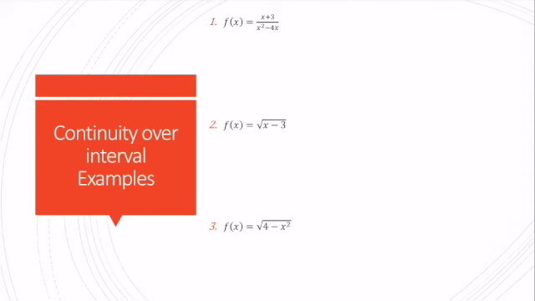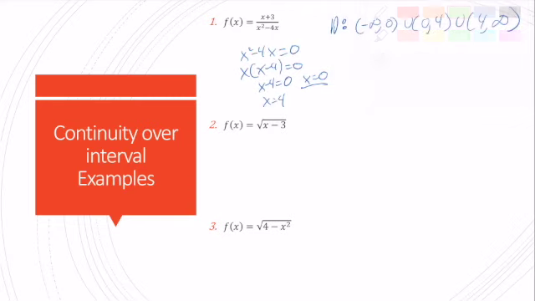So I have that x equals 0 is not in my domain because that would make us divide by 0, and neither is x equals 4. So my domain and the intervals where this would be continuous are negative infinity to 0, 0 to 4, and 4 to infinity. So this function would be continuous over each of these individual intervals.